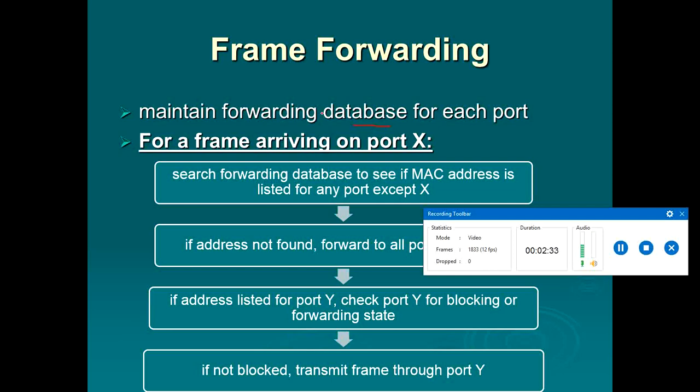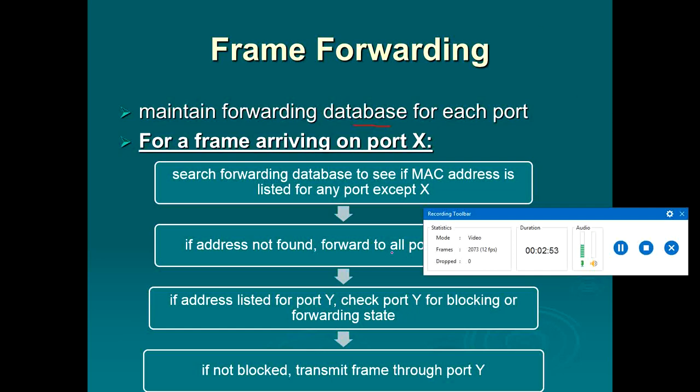Another point to note is that for each port a list of stations is also maintained. A station is on the list if it is on the same side of the bridge as the port.